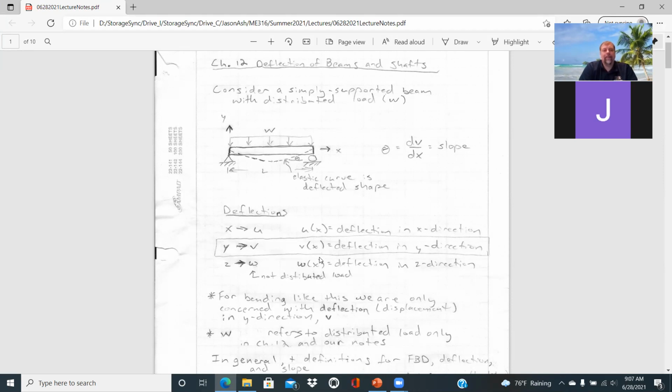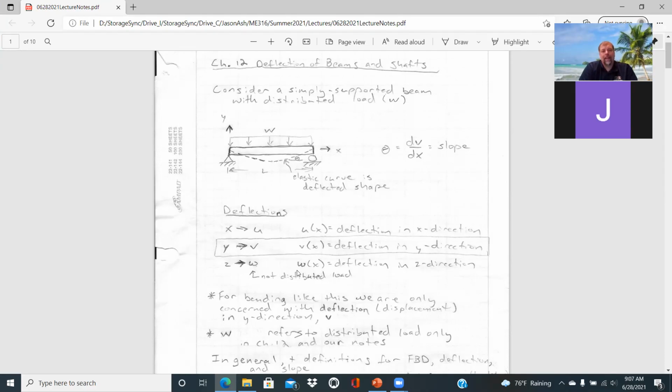And so this gets confusing when you start looking at, say, Roark's formulas for stress and strain, and they're doing full 3D bending for plates and shells. They'll use the w as the vertical deflection.